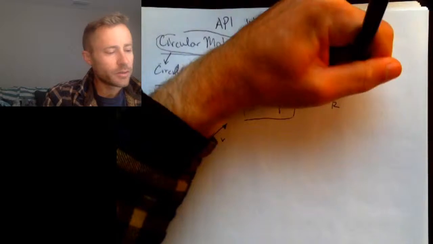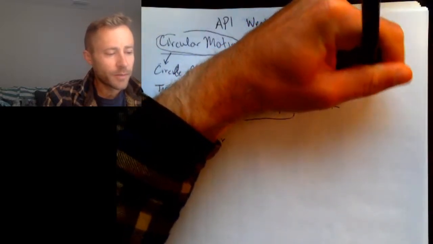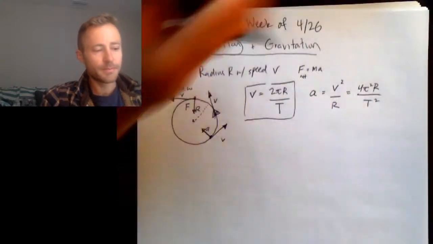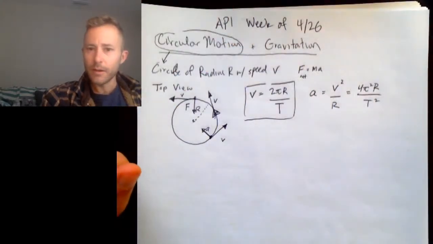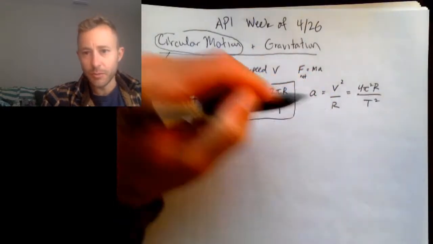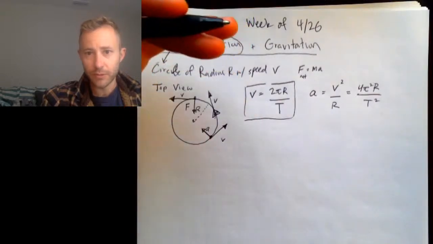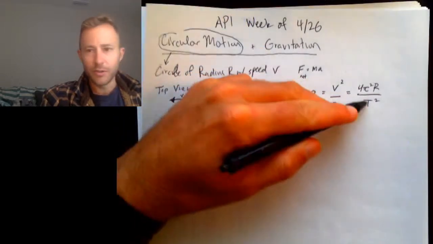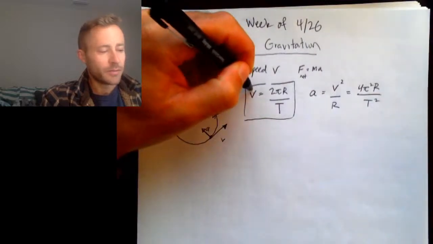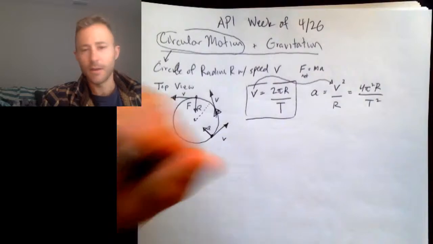This can also be written as 4 pi squared r over period squared. So these two options both give the same answer. It's just they're expressed in terms of different things. You get this form by plugging in 2 pi r over period for the speed.